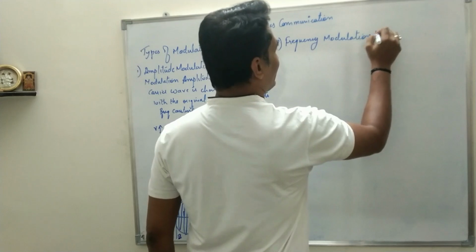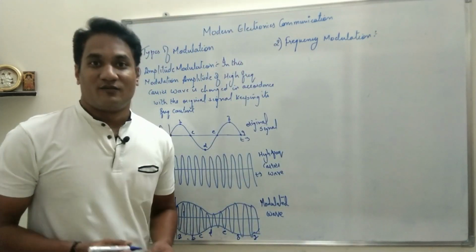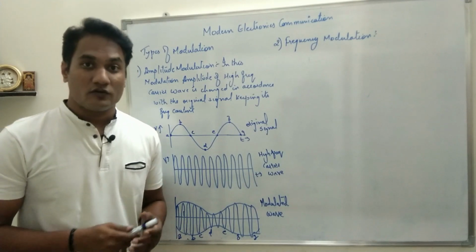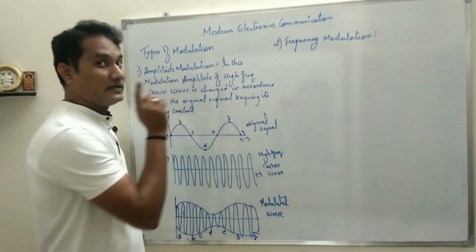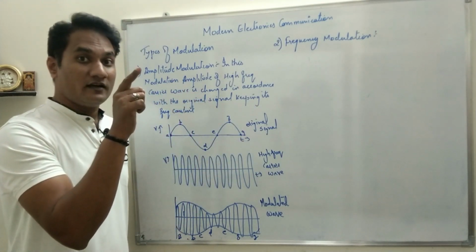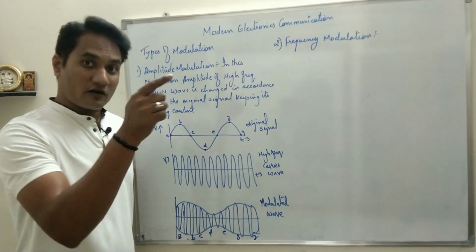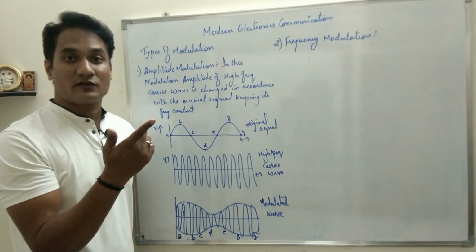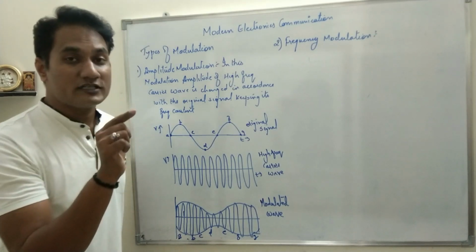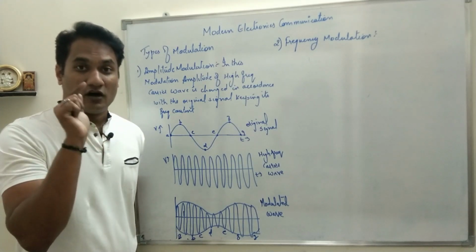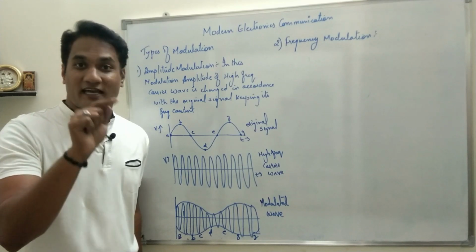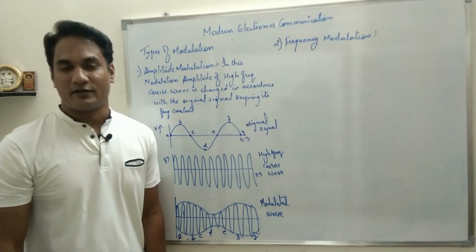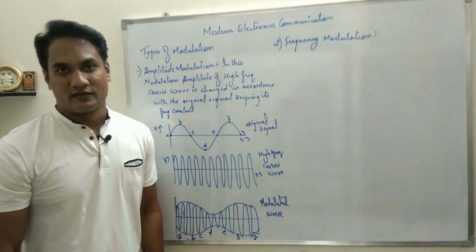Now you can guess what exactly we mean by frequency modulation, what we are going to change now. What do we have to change? A characteristic of the high frequency carrier wave in accordance with the original signal. So what characteristic of the high frequency carrier wave are we going to change? We will now change the frequency of the high frequency carrier wave in accordance with the original signal, keeping its amplitude constant. So that's it.